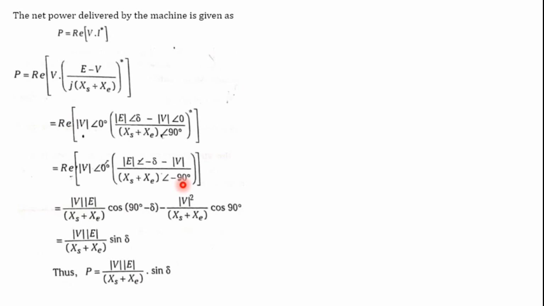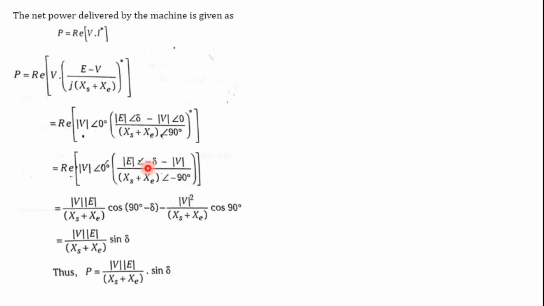So this minus goes to the numerator and becomes plus. Since this is a conjugate value, plus becomes minus, and minus into minus becomes plus. Because this is real power, we take the real part. So V into E angle minus delta, divided by (XS plus XE) at minus 90°, and the minus 90° goes to the numerator and becomes plus 90°.